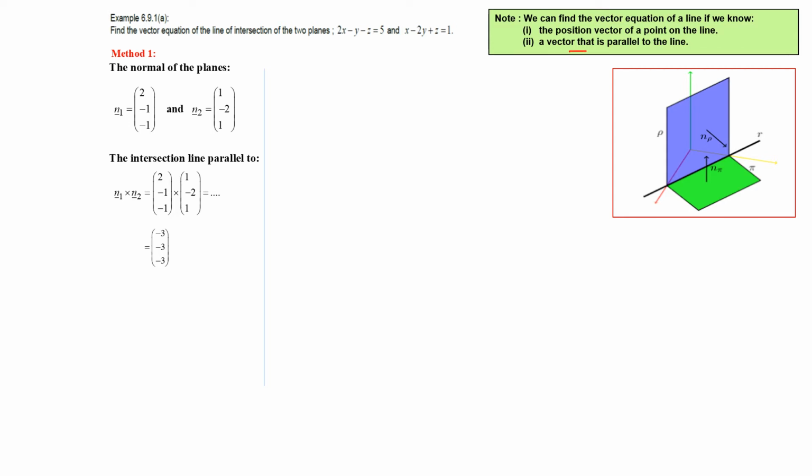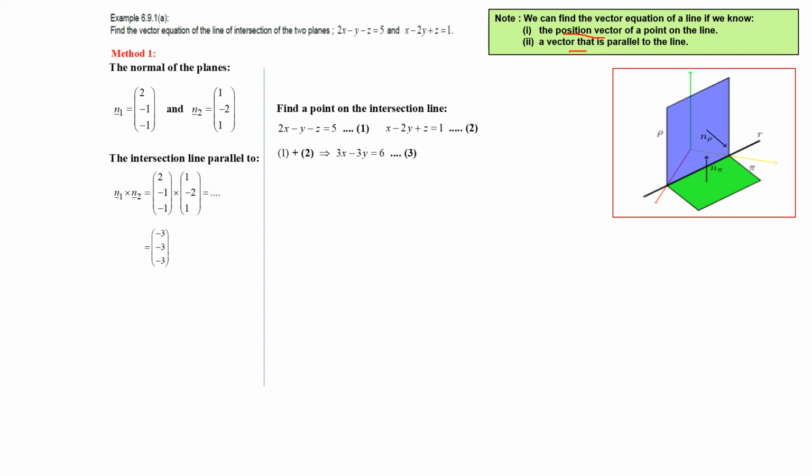You need one more piece of information, the position vector of a point. To find a point on the intersection line, you solve the simultaneous equations of the planes. Then you will get an equation that involves x and y.